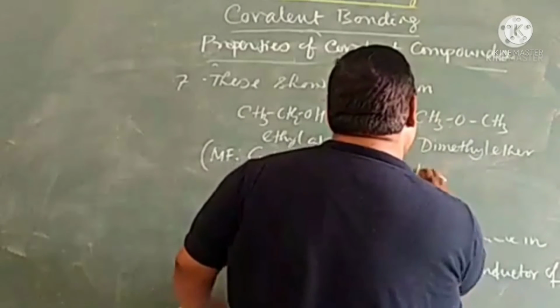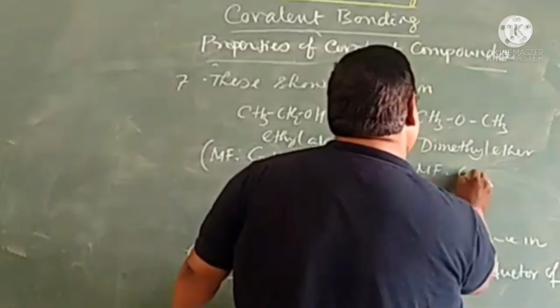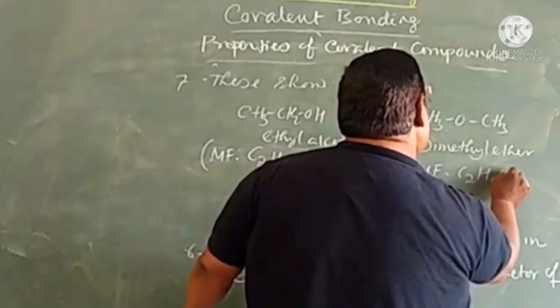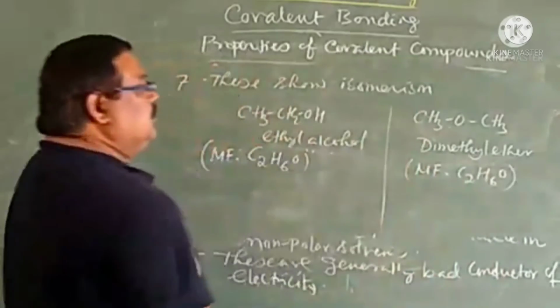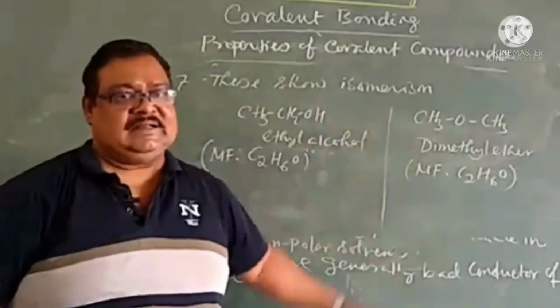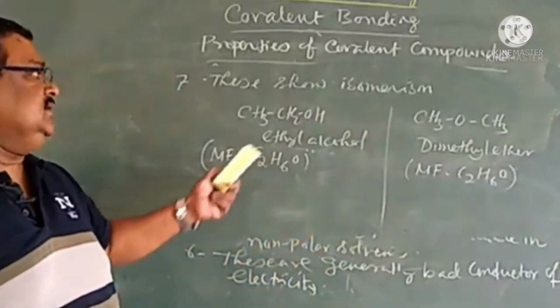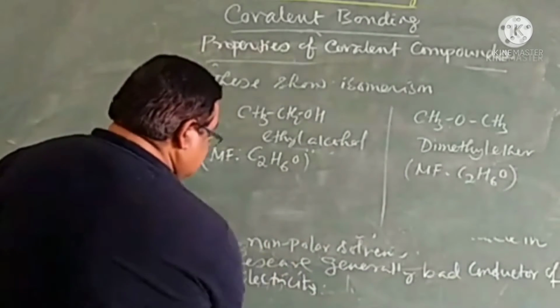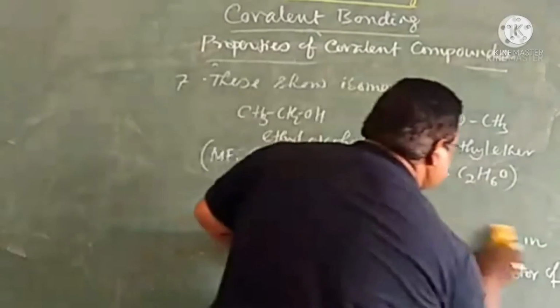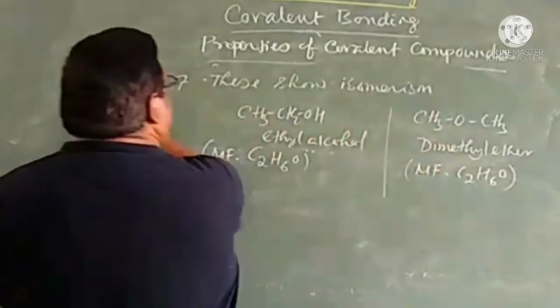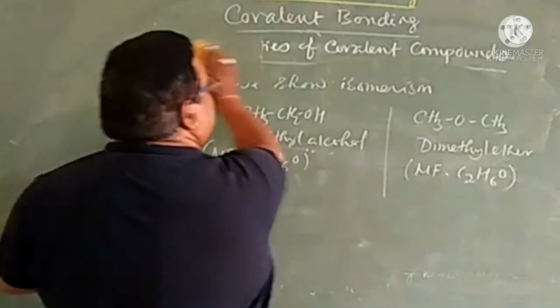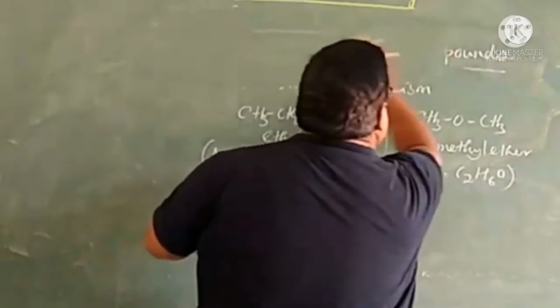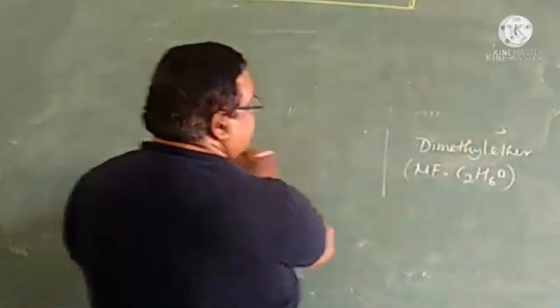It has the same molecular formula C2H6O, but they are different compounds, they have different properties, and hence these are called isomers of each other. So these are some of the properties of covalent compounds.